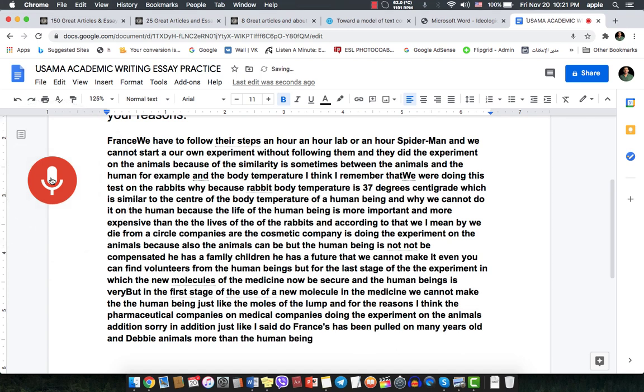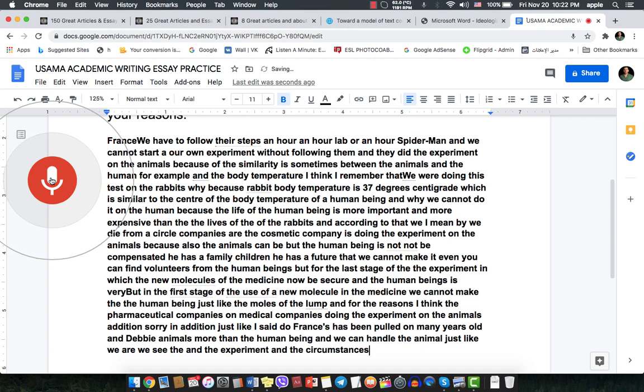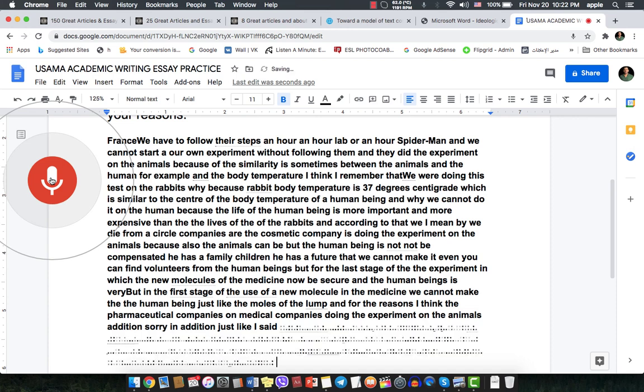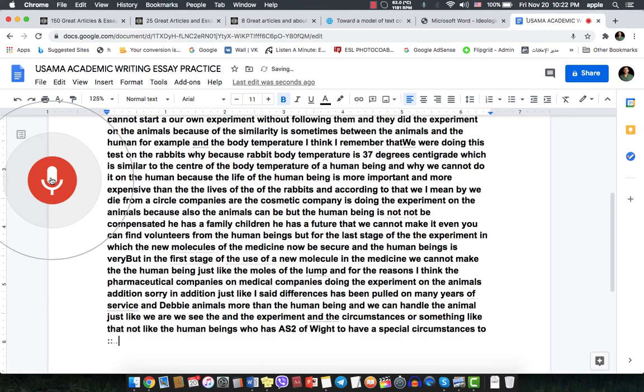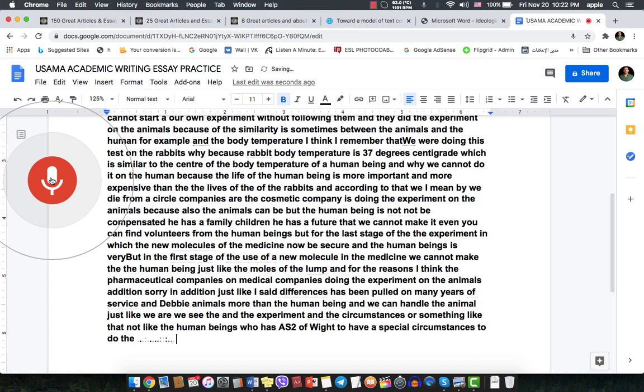We can handle the animal according to what the experiment needs from the circumstances, not like the human beings, for whom we have to provide special circumstances to do the experiment on them. That's my point of view in this field.